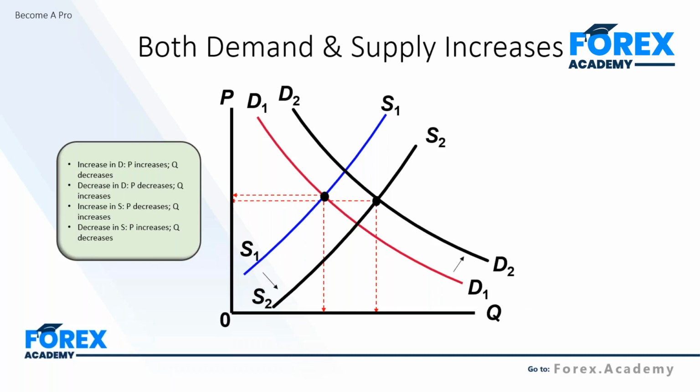And last but not least, when we see a decrease in supply, so less supply enters the market, the price increases because there's too much demand chasing that good or service, and quantity then decreases.